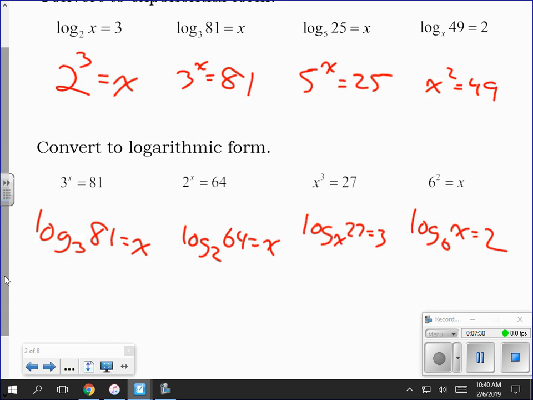Simple, but extremely important. Being able to go back and forth between these two versions is extremely important. You can't do a lot of the work in here if you can't do this first step. You can't do today if you can't do this first step. Okay?